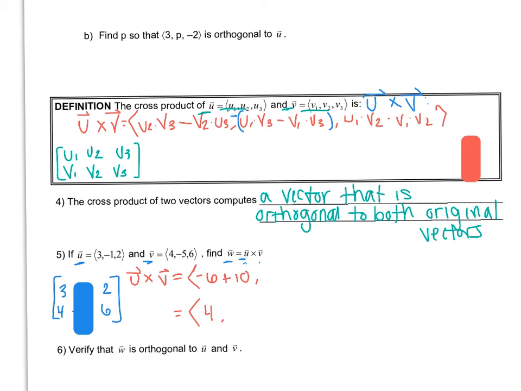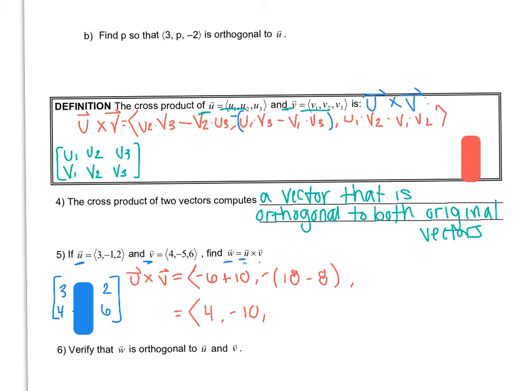I think it helps to put that negative out front right away and then continue. So we have 3 times 6, which is 18, and then we subtract 4 times 2, which is 8. So we end up with negative of 18 minus 8. 18 minus 8 is 10. Negate it, and our second value is negative 10.